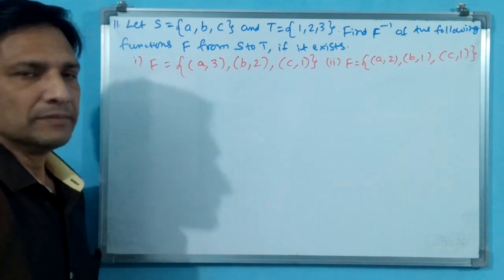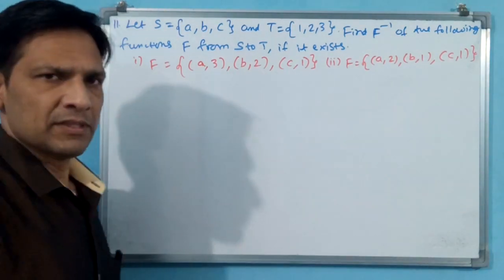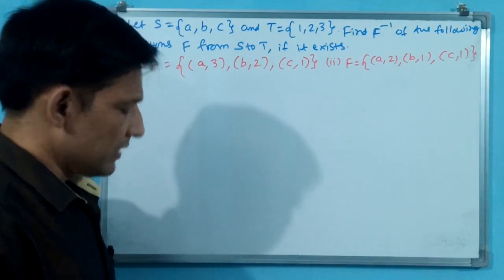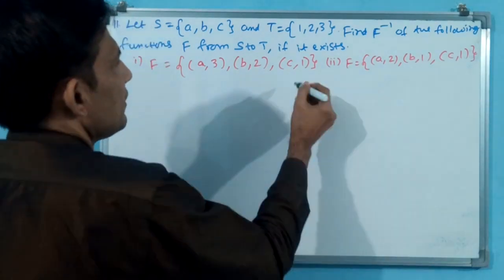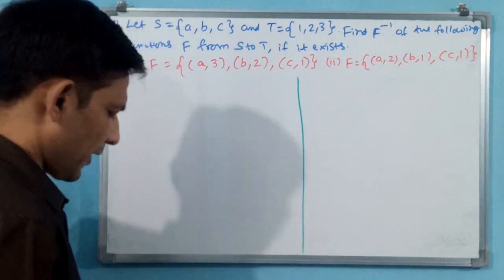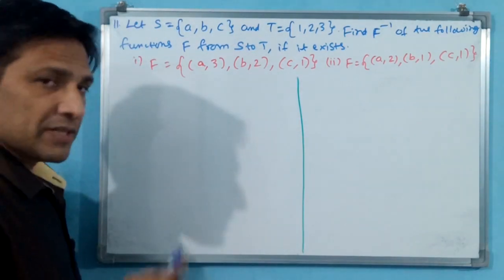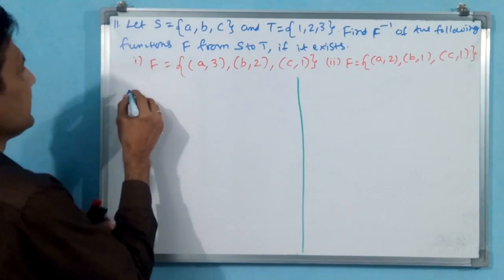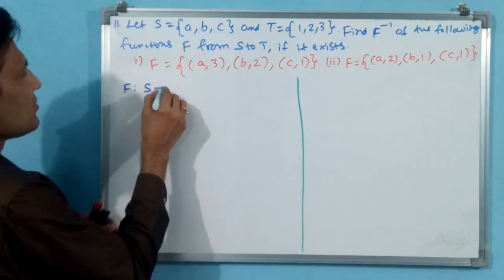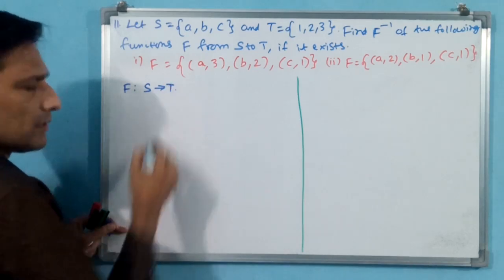Now these are two functions. One by one we will take and write the function. First you write like this: F is from S to T. This is very important.